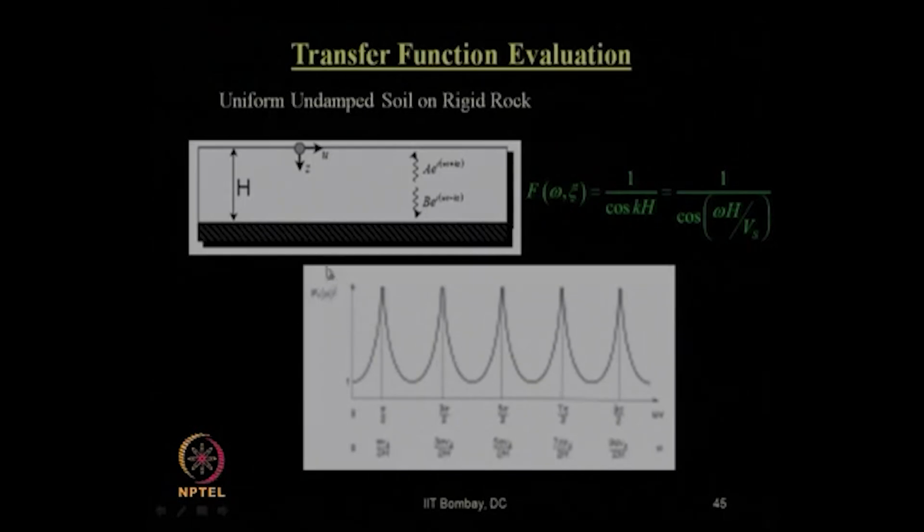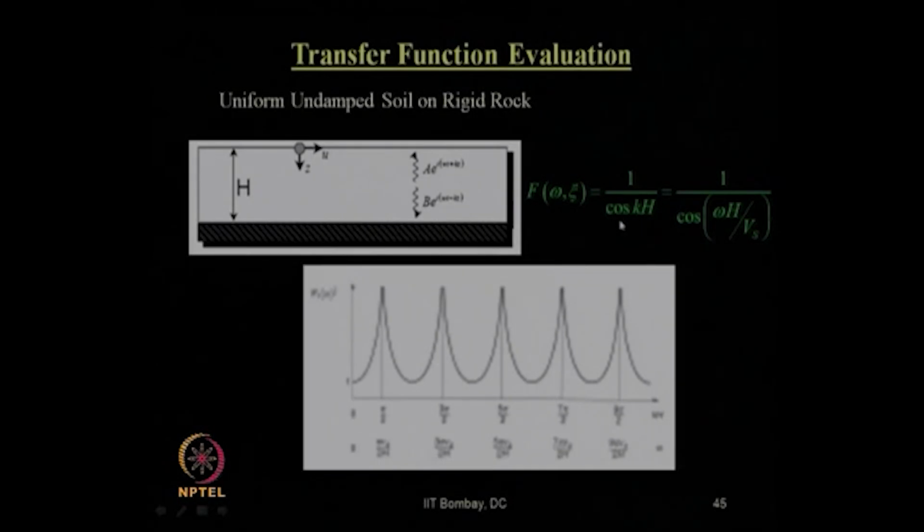So, if we plot that transfer function for various values of k h, or for various values of omega, we will get a plot like this. If we plot against k h, at k h equal to 0, the transfer function will be 1, is it not? If k h is pi by 2, what should be the value of the transfer function?